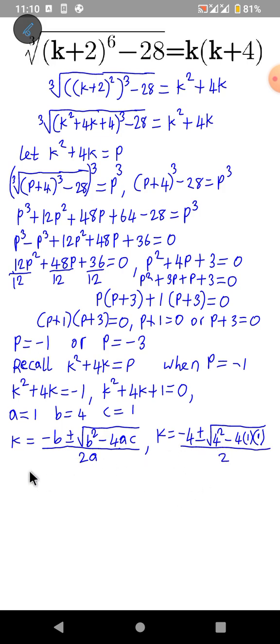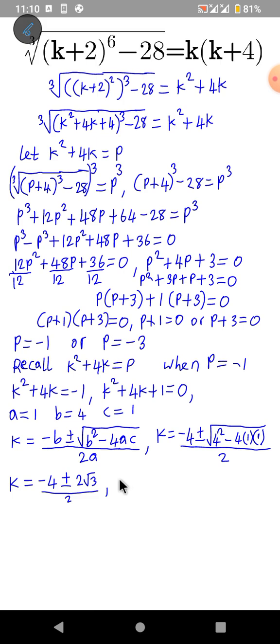Then we continue again. We have k equal to minus 4 plus or minus. Now the square root of this whole expression here is 2 root 3. So here is going to be 2 root 3 all over 2.